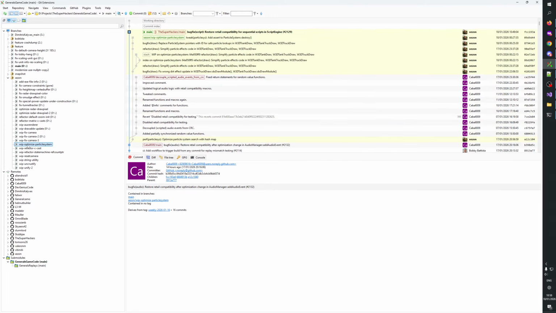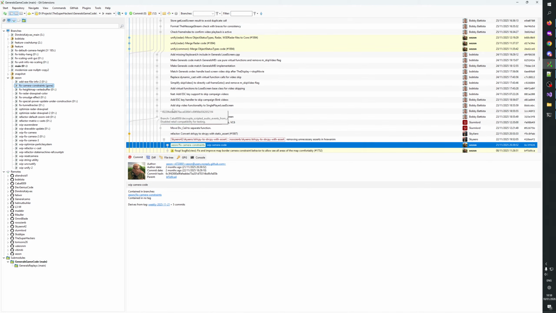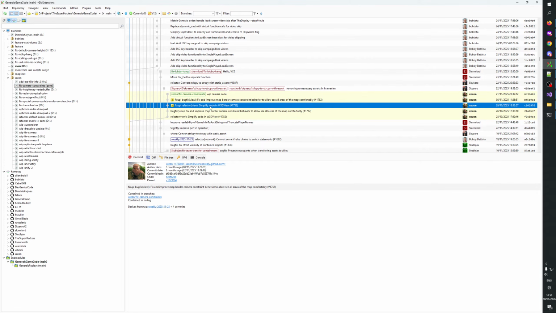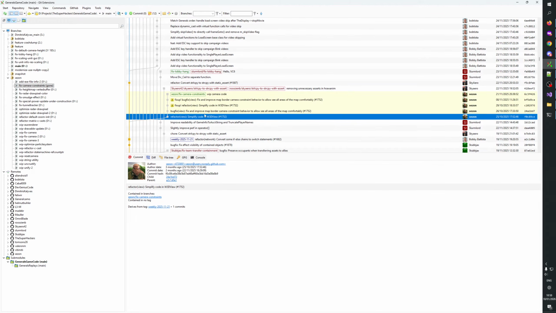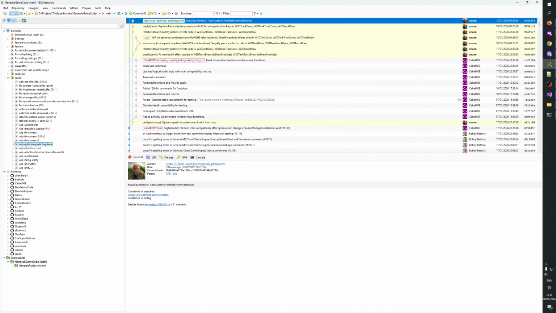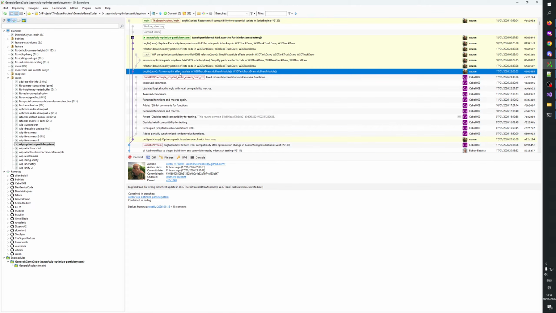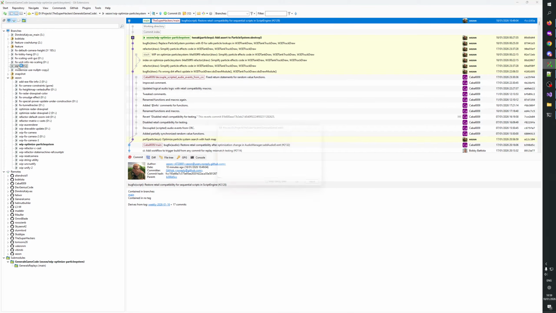Good. So next, what do we want to do? What about this one here? Work in progress camera code. So optimize particle system. Optimize particle system search with hash map. Yeah, let's do that one first.